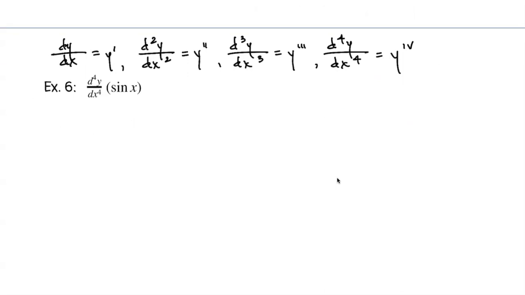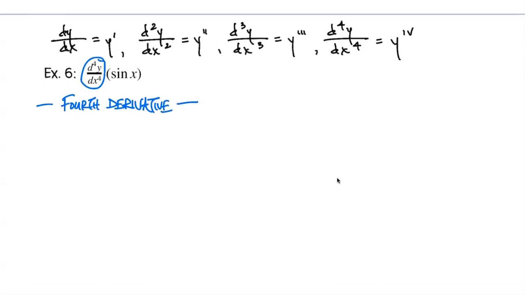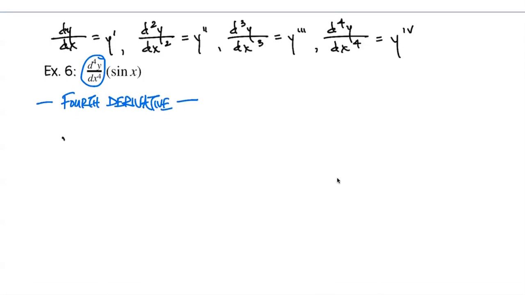Okay, so this notation right here is saying find the 4th derivative, right? So let's see what we have. Our initial function is sine x.